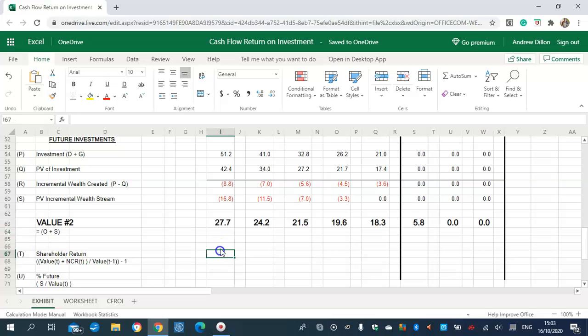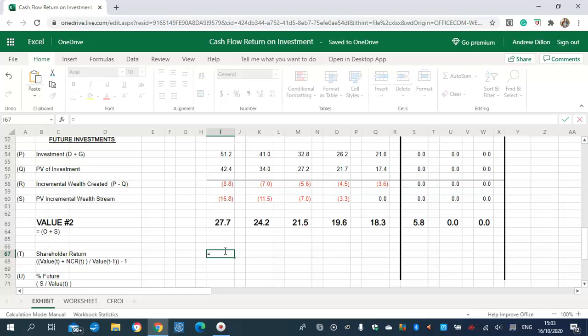Okay, now I'm going to the shareholder return, value T plus NCR. Okay, this is going to be tricky, so I'll try my very best to get these figures correct.